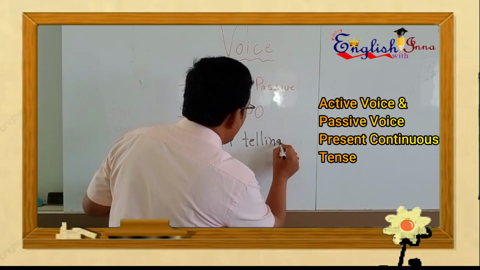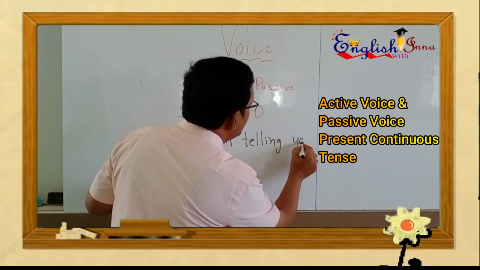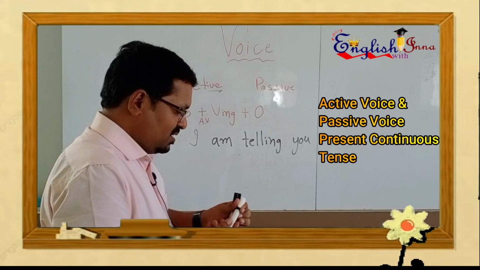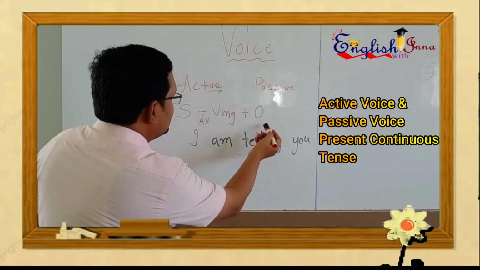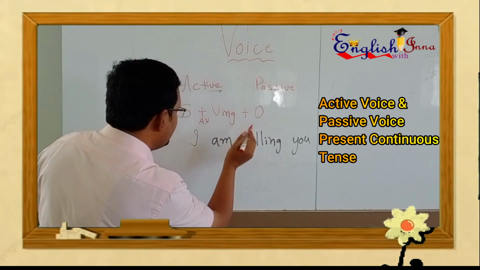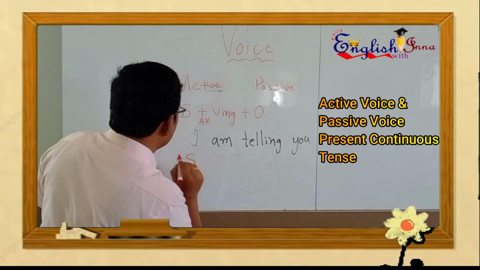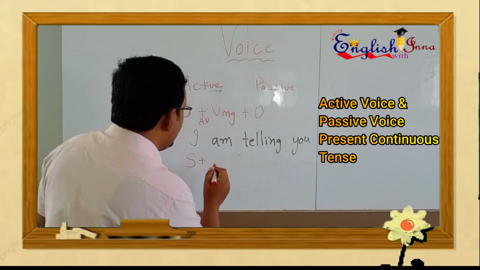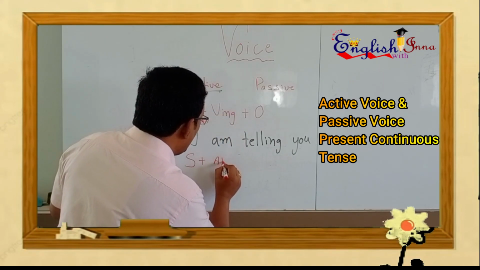So I am telling you. The rule will be more or less the same: the subject will become an object, and the object will become a subject. Interchange the subject and object. Again there will be an auxiliary verb.